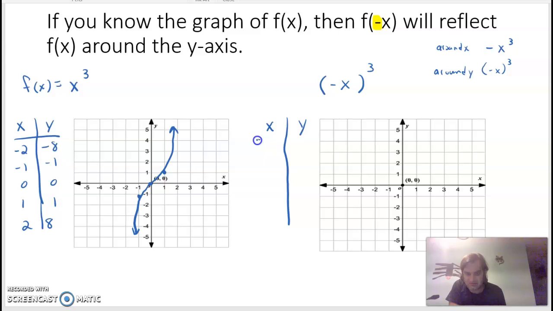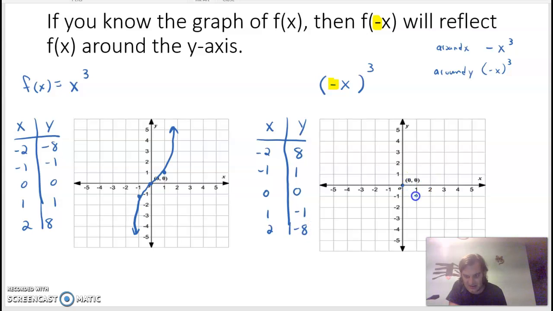because we're taking the number that we plug in and we're changing the sign of it right off the bat. So when we plug negative 2 in, that little negative inside there turns it into a positive 2, and then positive 2 cubed is 8. So really we're changing the sign of everything that we put in, and then it changes the sign of the output.